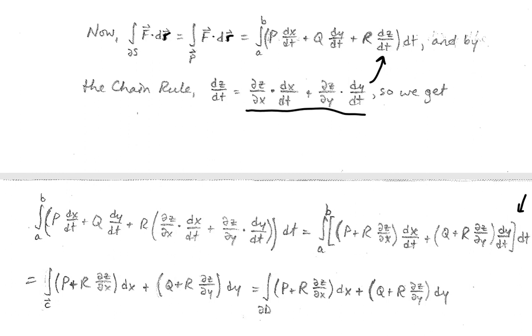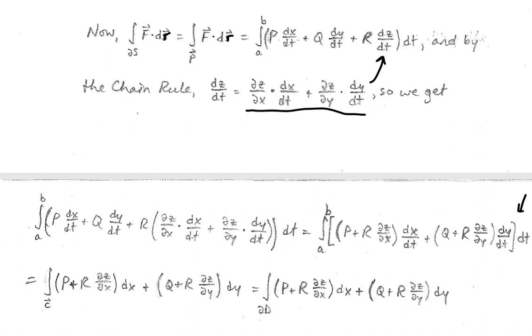Now, this is an integral of two pieces. This is now just the x and the y. We have now completely removed the z piece, so we're not taking the integral over the boundary curve partial s.